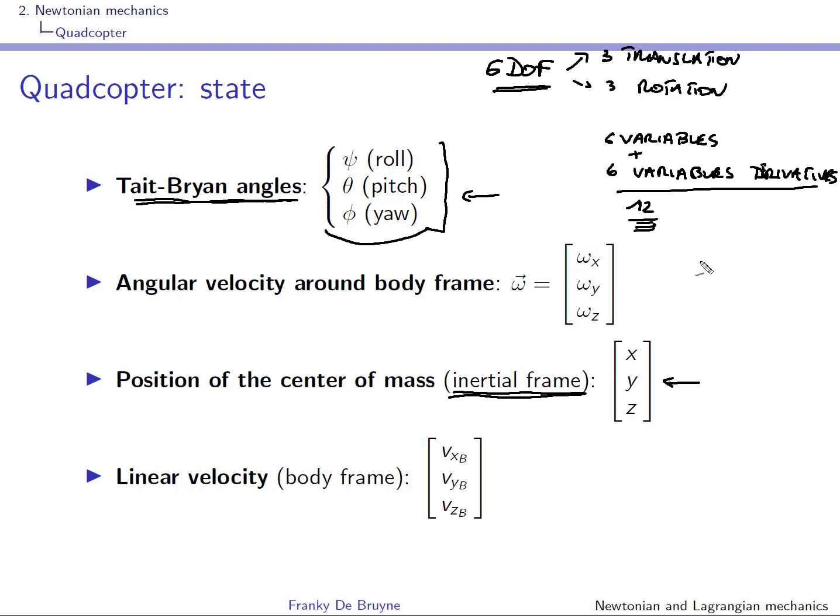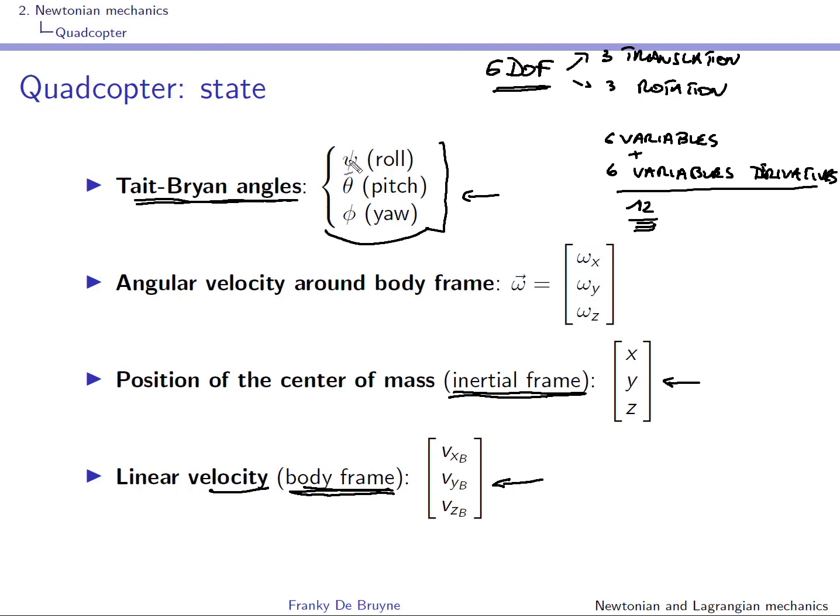So we could take, for instance, x dot, y dot, z dot, but very often what we will do is use the linear velocity but in the body frame. So for the position of the center of mass we work with the inertial frame, and here we will work in the body frame. This means that we'll have to go from one frame to another.